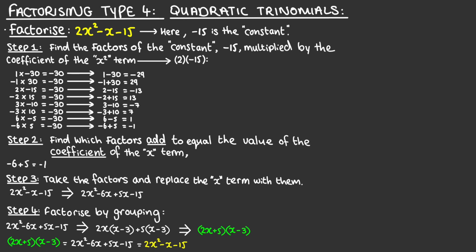So we have proved that factorizing 2x squared minus x minus 15 leaves us with 2x plus 5 multiplied by x minus 3. And as I always say, this is because factorizing is the reverse process of expanding out brackets. So if we re-expand these brackets, we should end up with the original trinomial that we started off with.